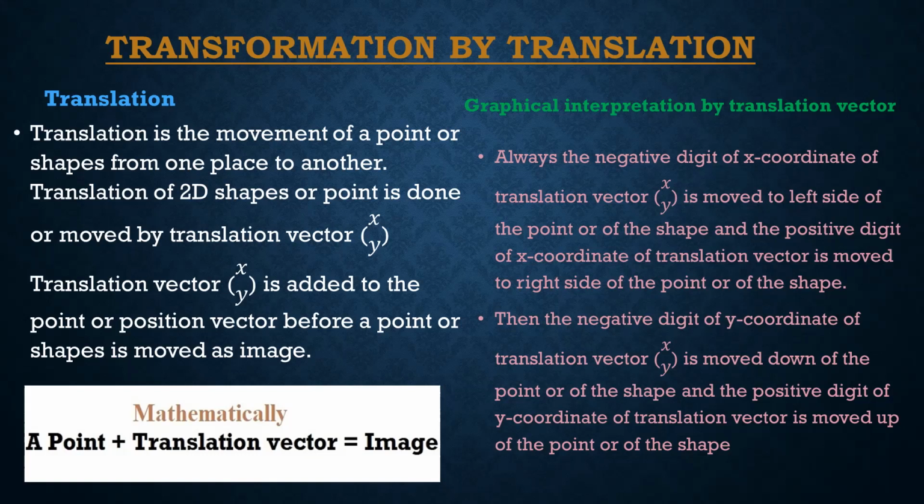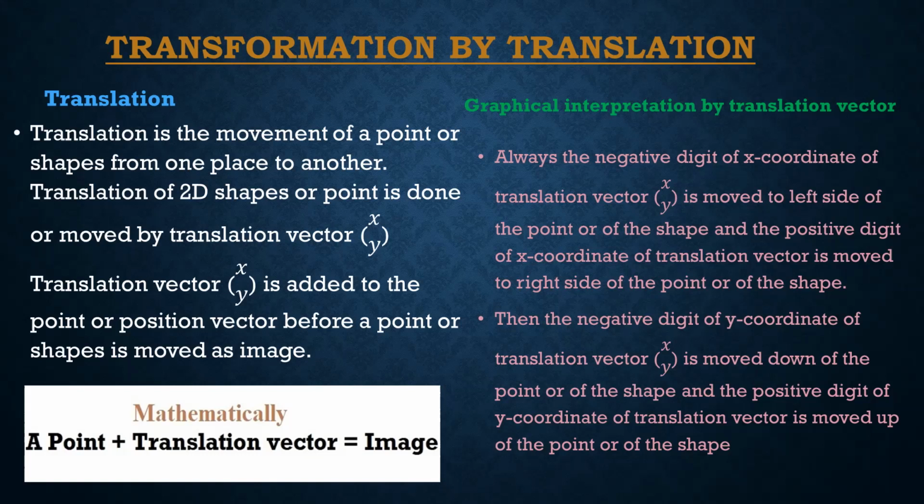Good. A negative x coordinate of the translation vector moves the point or shape to the left side, and a positive x coordinate of the translation vector moves it to the right side.